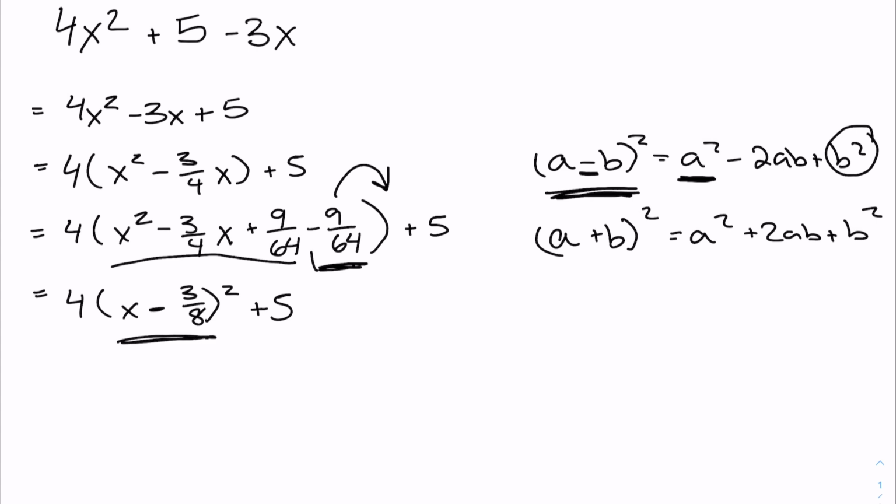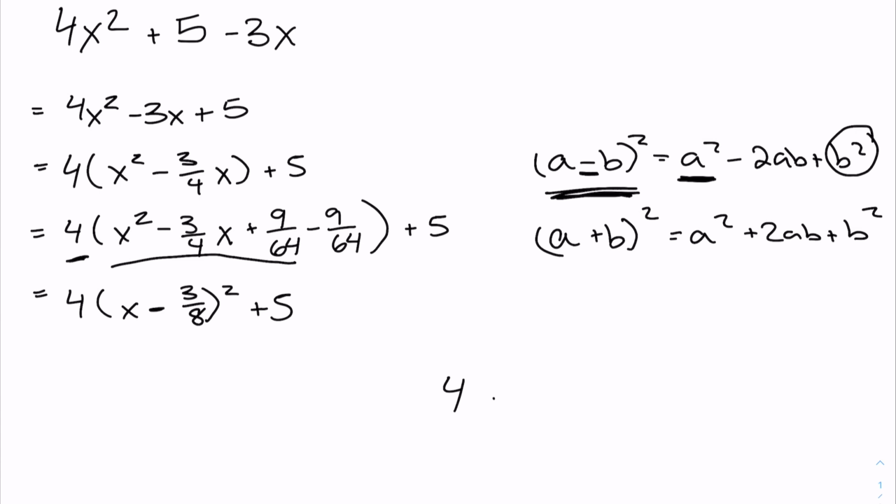So to take it out of the bracket, we can't just subtract negative 9/64 here, because this is not just negative 9/64. It's actually 4 times negative 9/64 because it's inside this bracket, which means it's being multiplied by this 4 outside here. So to get this negative 9/64 outside the bracket, we need to multiply it by 4 first.